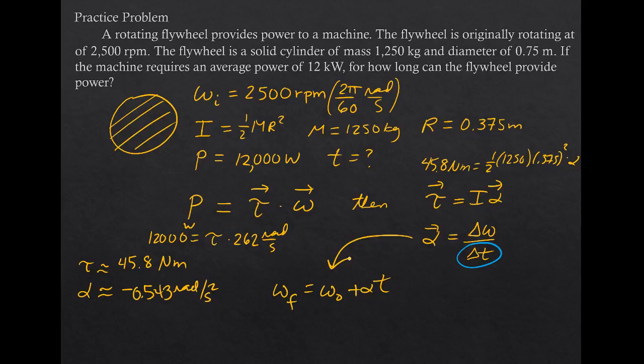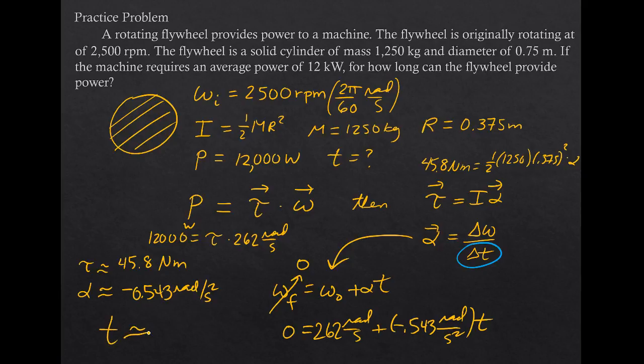Omega final will be 0, so 0 is equal to, we'll use omega initial as 262 radians per second, plus negative 0.543 radians per second squared times t, and we will get our final result for the time: 262 divided by 0.543, or about 483 seconds, which is just over 8 minutes.